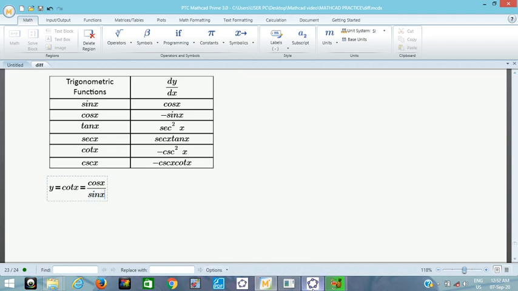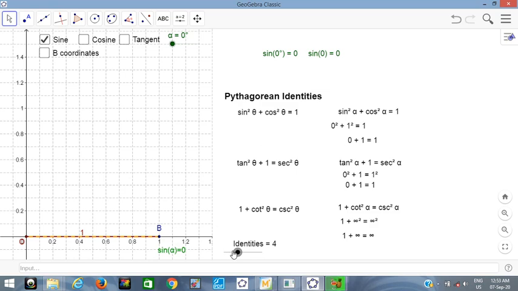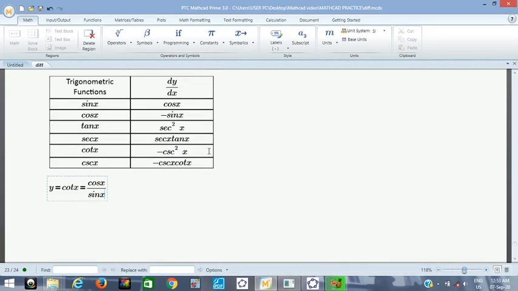I've shown you before, let me still show you the trig again. You can see cot x is the same thing as 1 over tan x, which is the same thing as cos over sine. Very, very important. These are important identities in trigonometry that you must not forget.